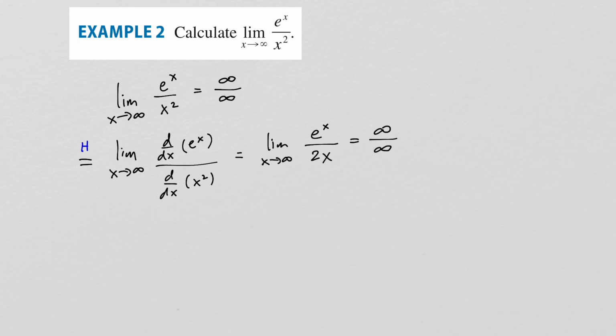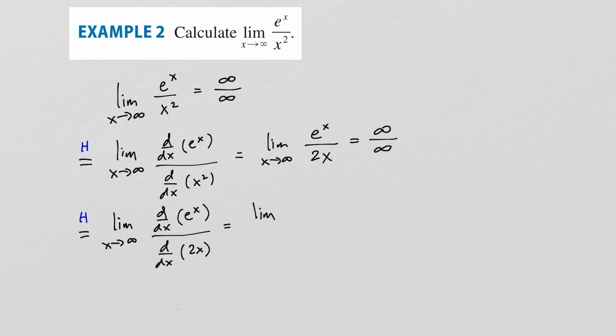But the nice thing about L'Hopital's rule is that we can simply treat this as a new problem. And the fact that we still get the indeterminate infinity divided by infinity means that I can apply L'Hopital's rule again. And so now I'm going to take the limit as x goes to infinity of the derivative of e to the x divided by the derivative of 2x.